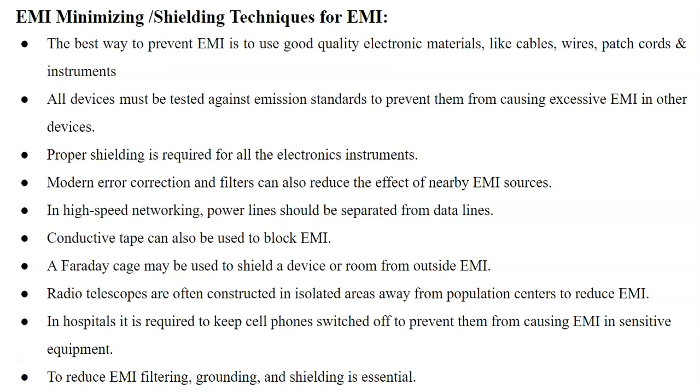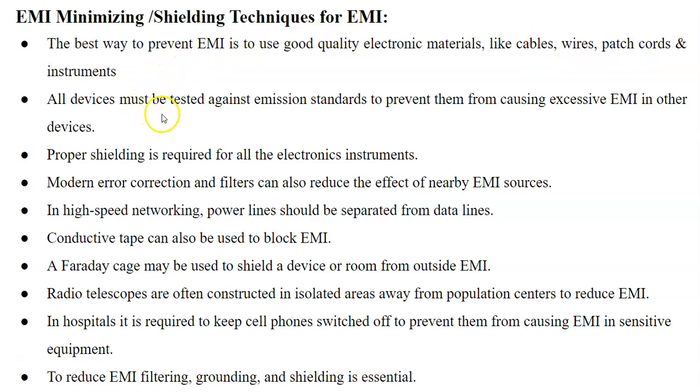So which are the methods for minimizing EMI, and which are the shielding techniques for EMI? This is a very important part of EMI and EMC. The best way to prevent EMI is to use good quality electronic material like cables, wires, patch cords and instruments.